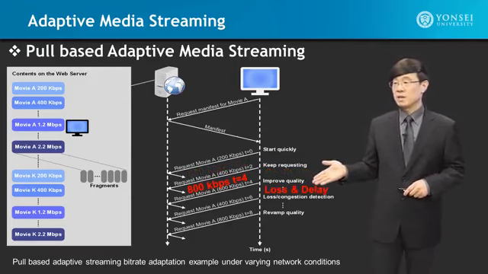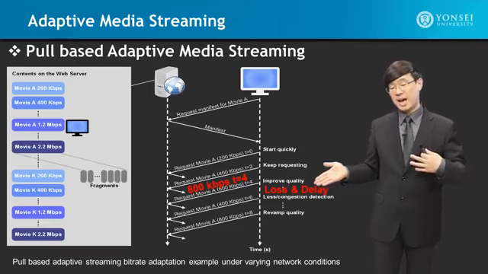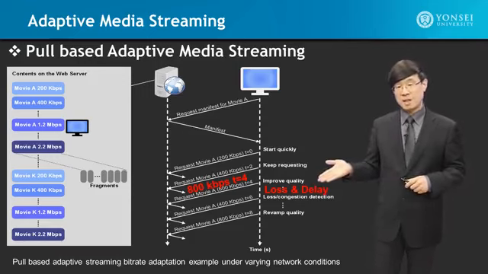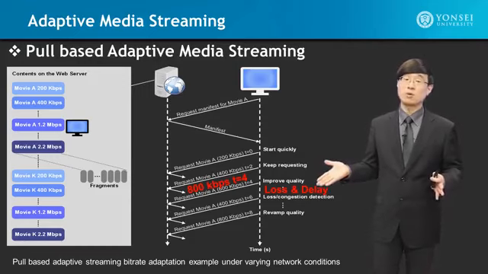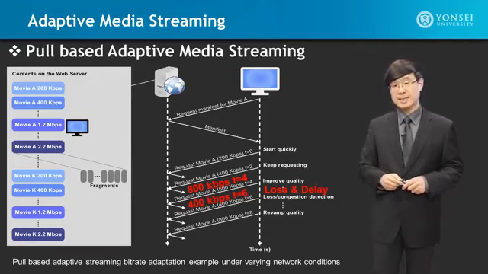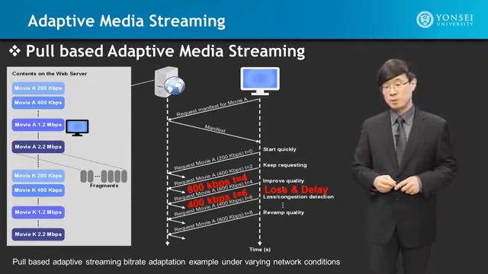But then, as we're receiving at this higher rate of 800 kilobits per second, some packet losses and some delay are experienced. So it says, whoa, this is too fast. Let's reduce. And therefore, at 6 seconds, it requests a 400 kilobits per second rate.